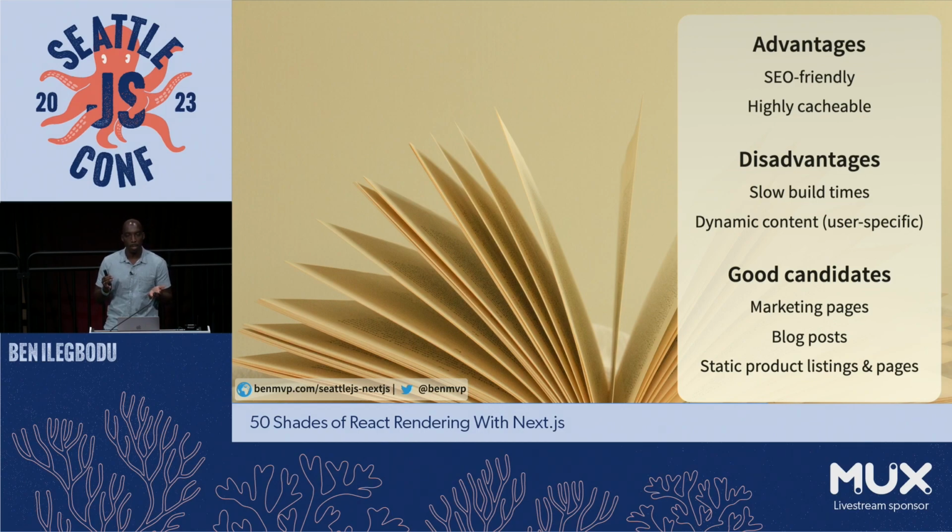The HTML is pre-rendered before the server even starts, so it doesn't have to generate it on the fly. In fact, that HTML can be cached in a CDN, placed closer to where the clients are, so that it's even faster. But the flip side is that build times are slower, so you have to take that into account.